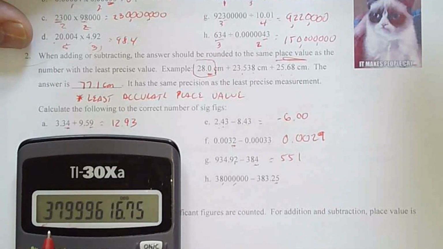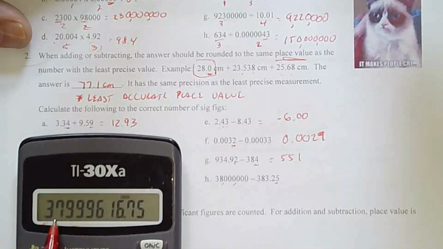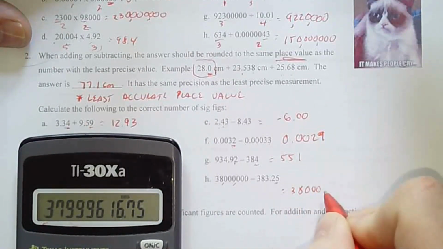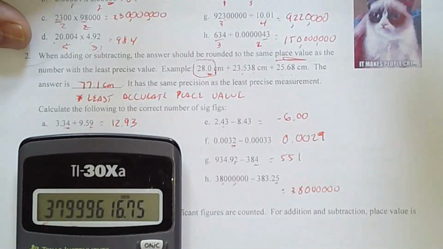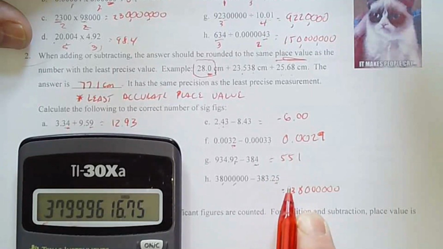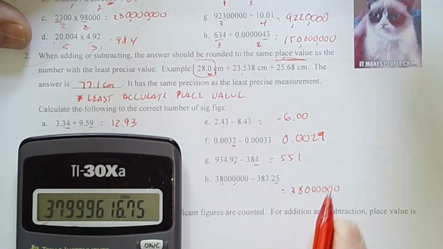Rounding to the nearest million is a 7. We look at the value behind it, it's a 9. So we have to bump this up to an 8. 1, 2, 3, 4, 5, 6. So you notice, because of how inaccurate this 38 million number was, if we subtract a small value from that, due to significant figures, the number doesn't change.